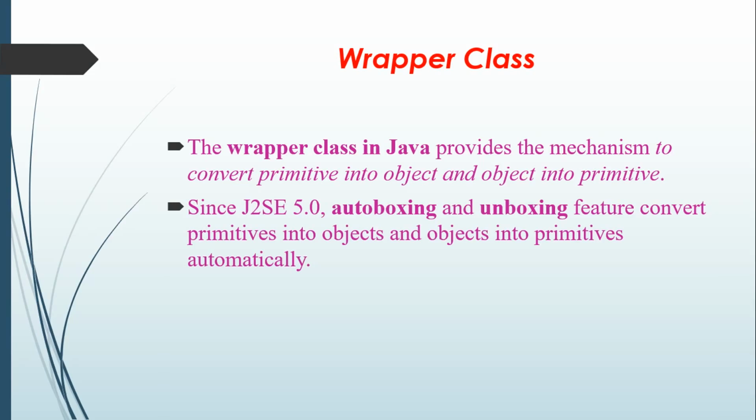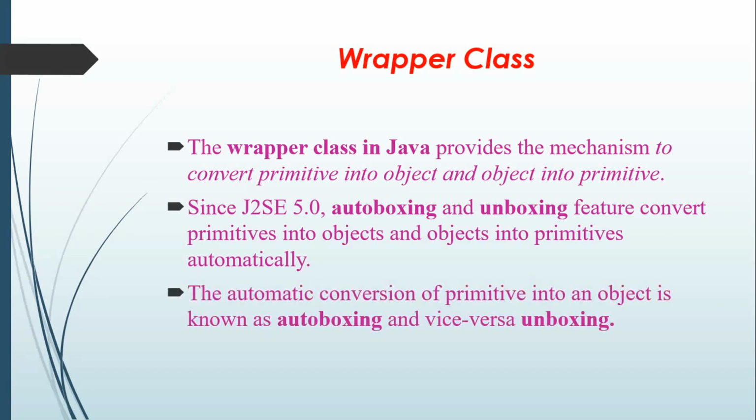Since Java 5, the autoboxing and unboxing feature converts primitives into objects and objects into primitives automatically. So autoboxing is used to convert primitives into objects and unboxing is used to convert objects into primitives. The automatic conversion of primitive into an object is known as autoboxing and vice versa is known as unboxing.